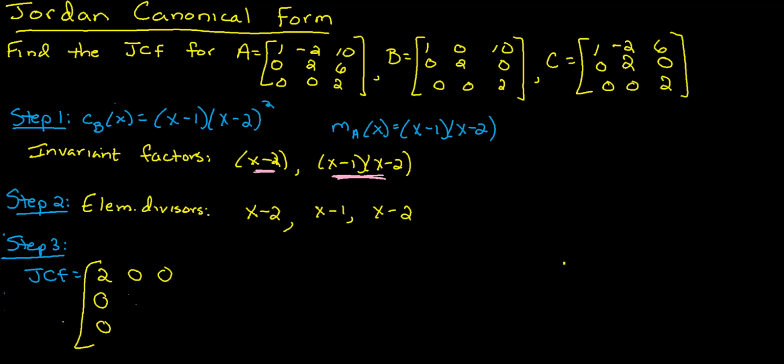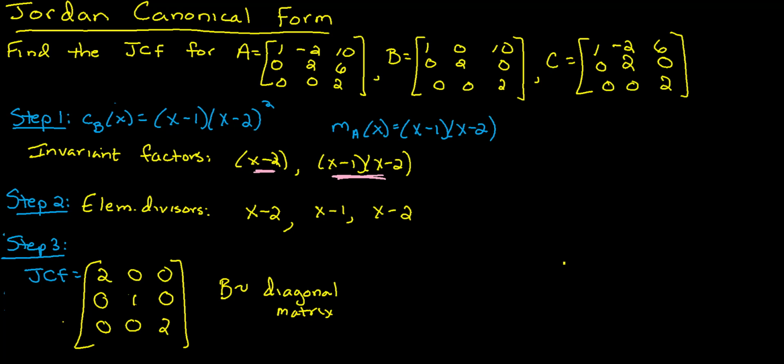So I've got 1, zeros everywhere else, and the last elementary divisor in my list is x minus 2. That gives me a Jordan block of just 2. And so we see that the Jordan canonical form here is a diagonal matrix. What that implies is that B is similar to a diagonal matrix.